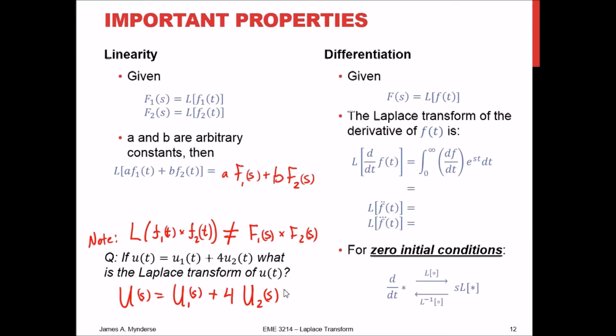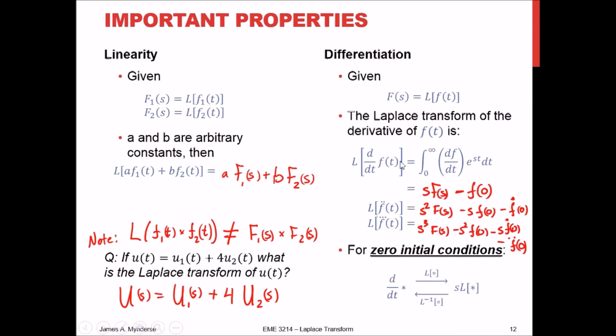Differentiation is also very easy with the Laplace transforms. Again, here we have f of t as the time domain function, and we'll represent the Laplace transform of f of t as capital F of s. So the Laplace transform of the derivative of f of t, df dt, looks like this.